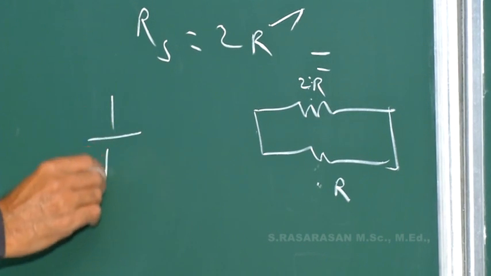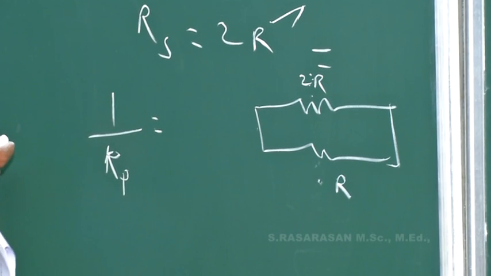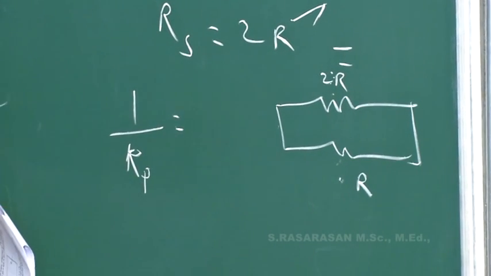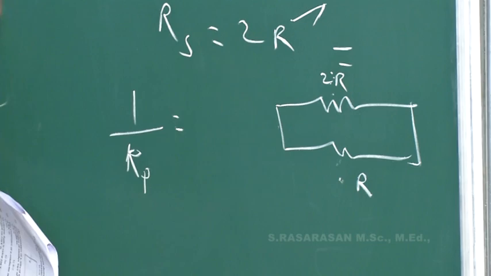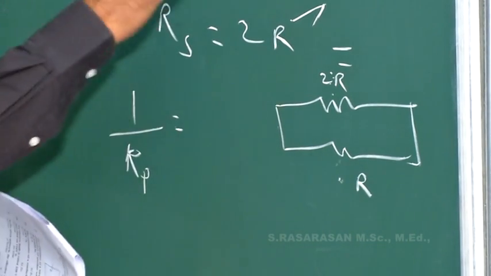For parallel combination, the formula is 1 by Rp is equal to 1 by R1 plus 1 by R2 plus 1 by R3. When two or more resistors are connected in parallel, the reciprocal of the effective resistance is equal to sum of the reciprocal of the individual resistances.